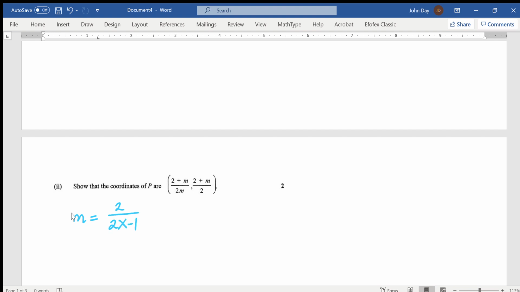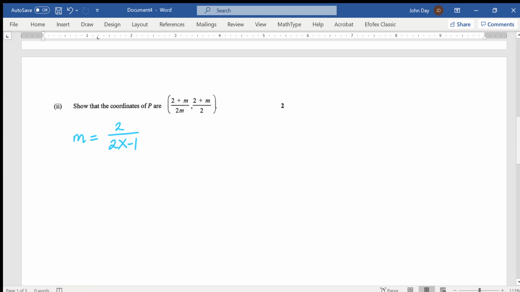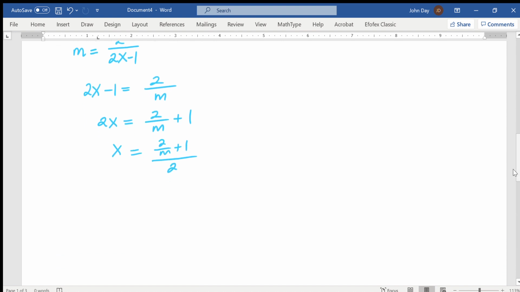So at that particular point x, right? At the particular point x. And that means that 2x minus 1 is equal to 2 on m. So 2x is equal to 2 on m plus 1. So x is equal to 2 on m plus 1 on 2.